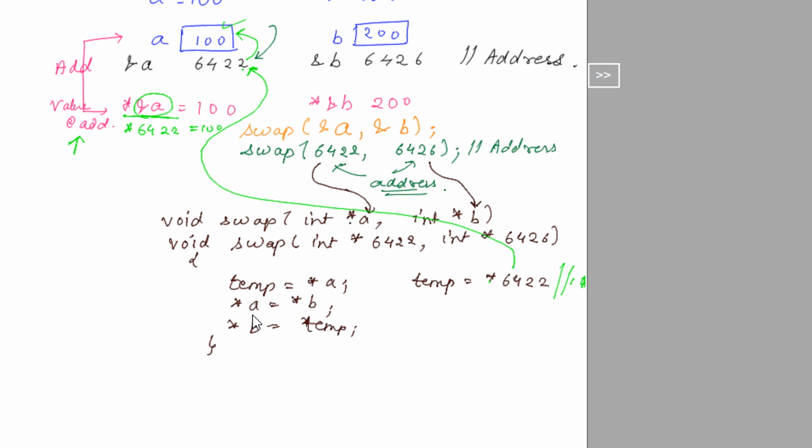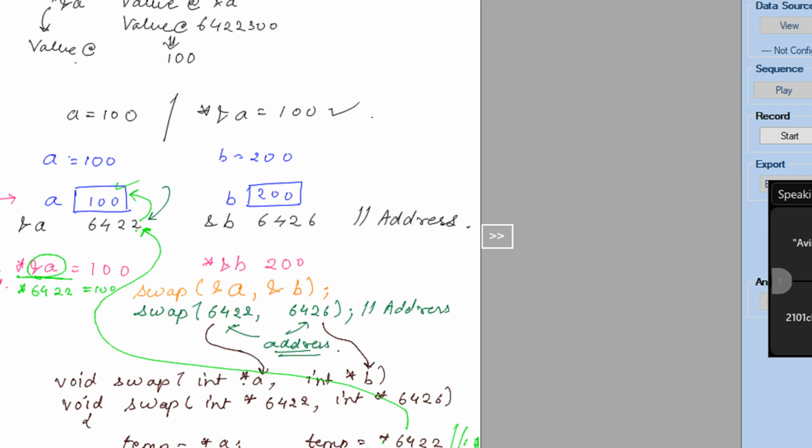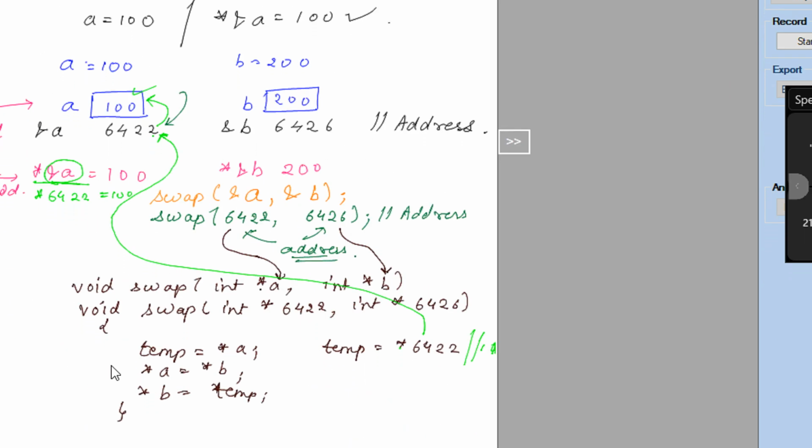Similarly, when you write *A = *B, what does that signify? *A is equal to *B. So what is *B? *B means star of 6426, right? 6426. So what is the value at 6426? The value is 200, right?